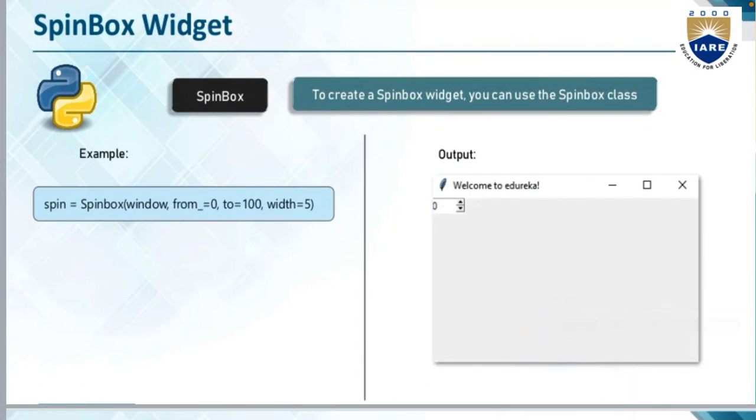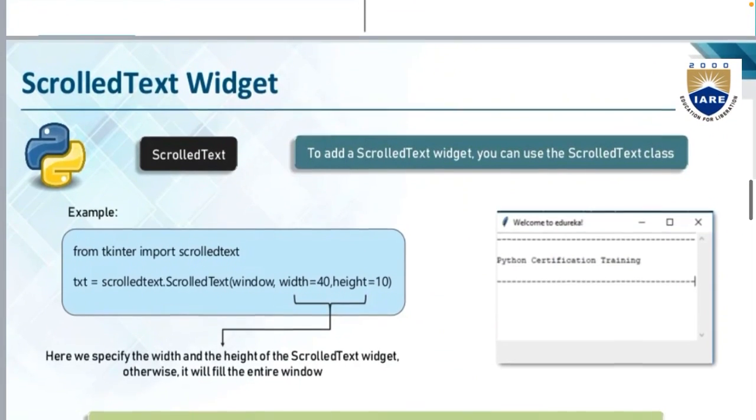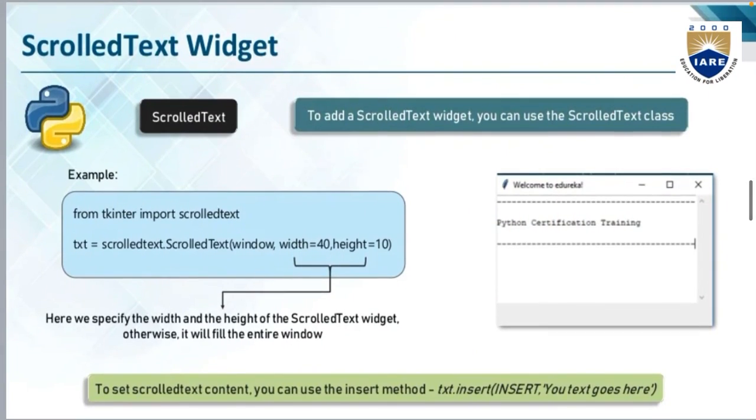And the next slide is the scroll text widget. To add a scroll text widget, you can use the scroll text class: from techtalk import scroll text. Text is equal to scroll text dot scroll text, and the second scroll text is our class.